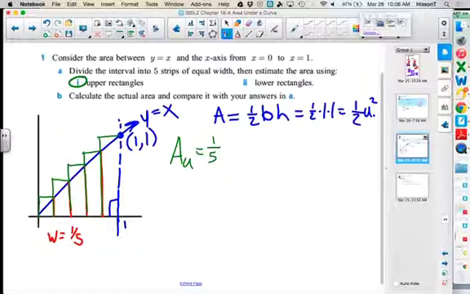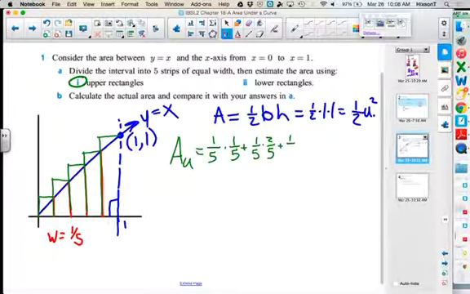Where this is the line y equals x, so it'd be 1/5. Okay. Alright. So that's the area of my first rectangle. The second rectangle also has a width of 1/5. But what's its height? Yeah, I go another 1/5 over, I'm at 2/5, so the y coordinate's 2/5.